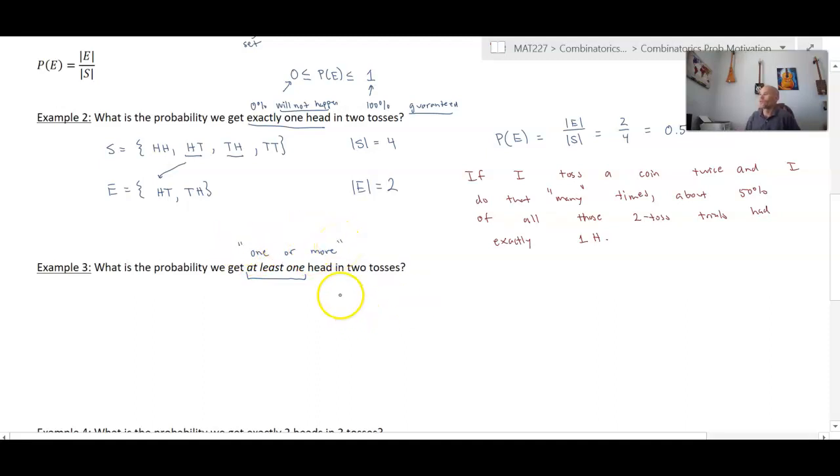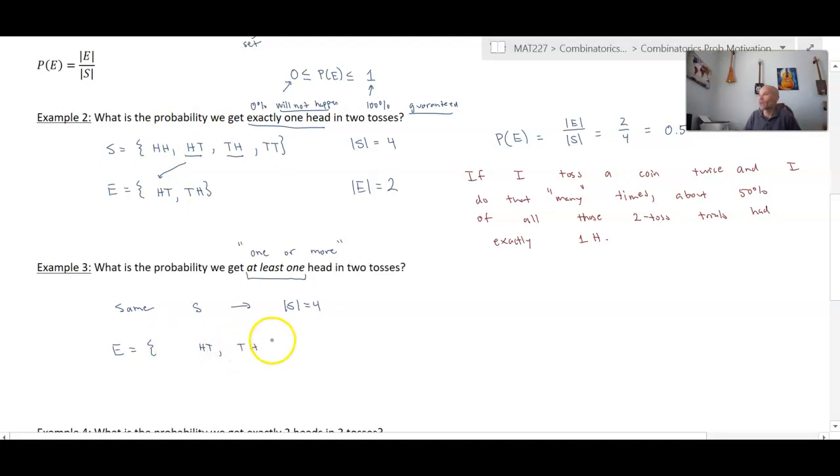All right, so the sample space is the same as above. We already know that there are 4 possible outcomes, and let's build the event space. Which of these 4 outcomes result in getting 1 or more heads? Well, it's still the HT and the TH.